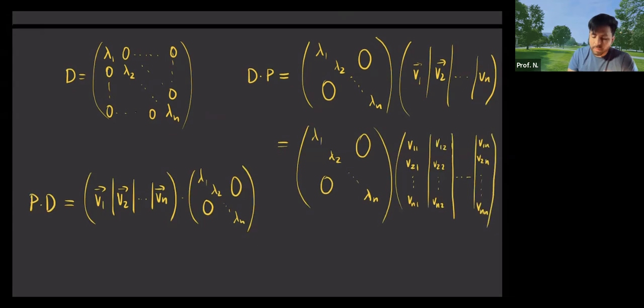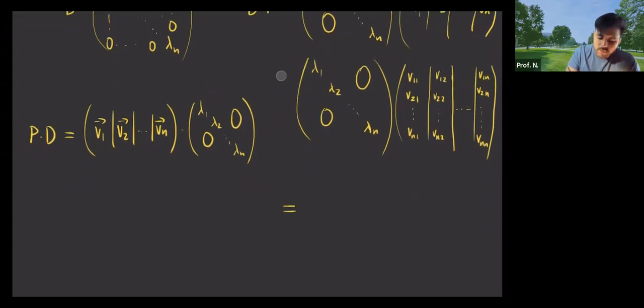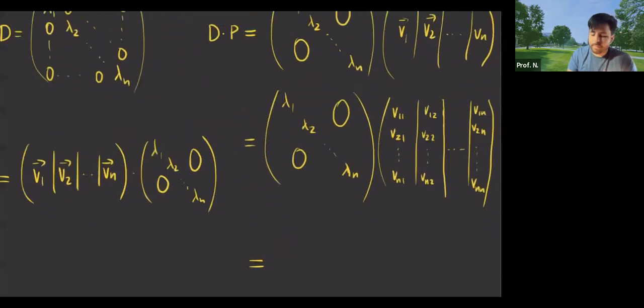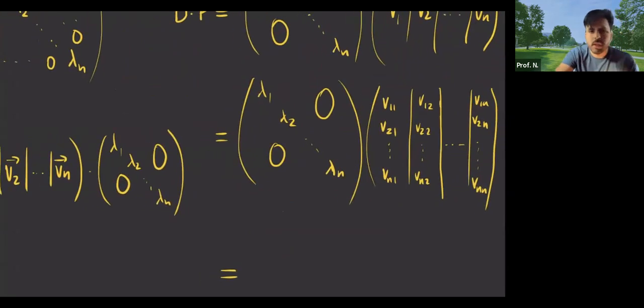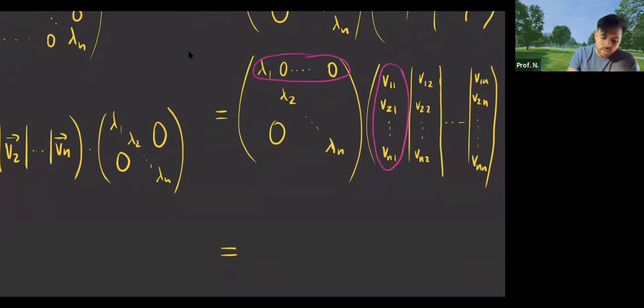What would happen if I multiply the matrices? What would it look like? Well, remember, let's take this slow. How do we multiply matrices? We do first row, first column. When I do that, the top entry will be lambda 1 V11.